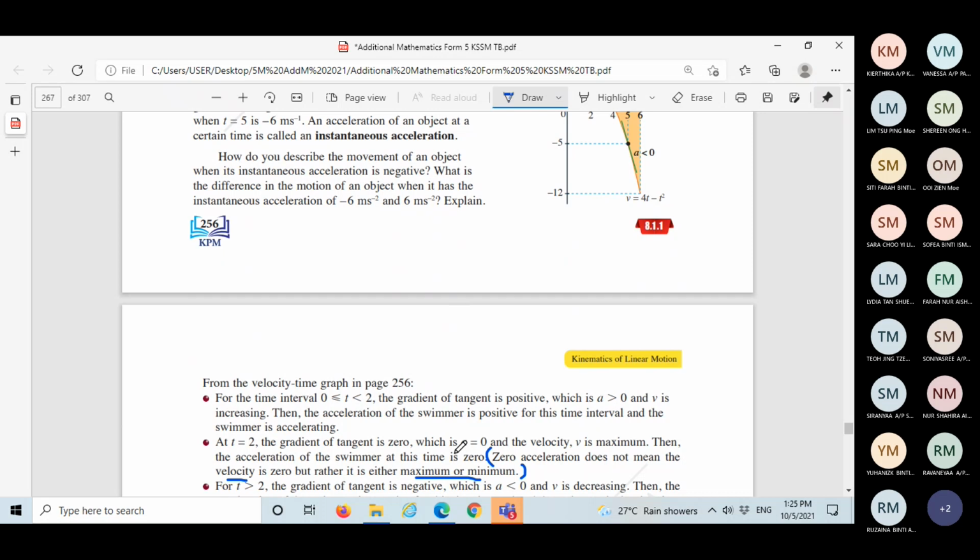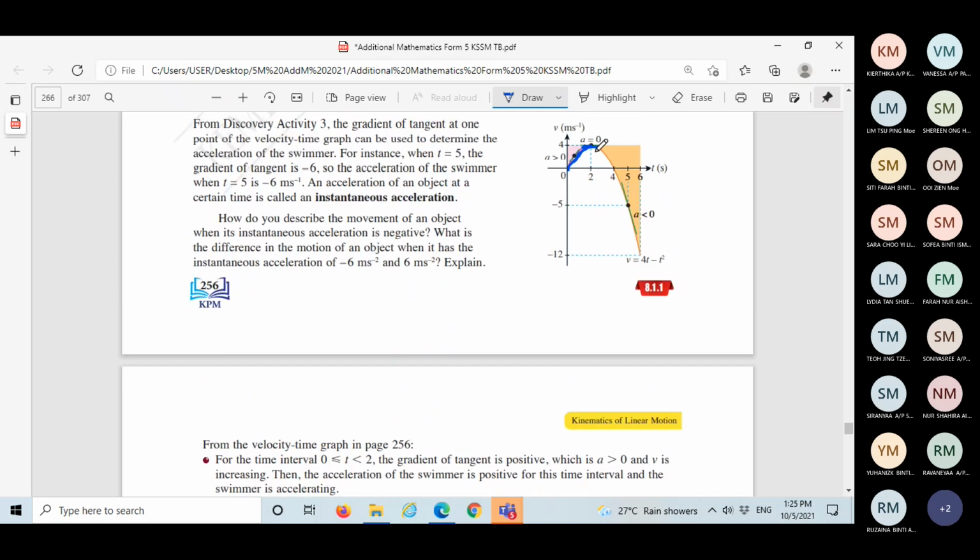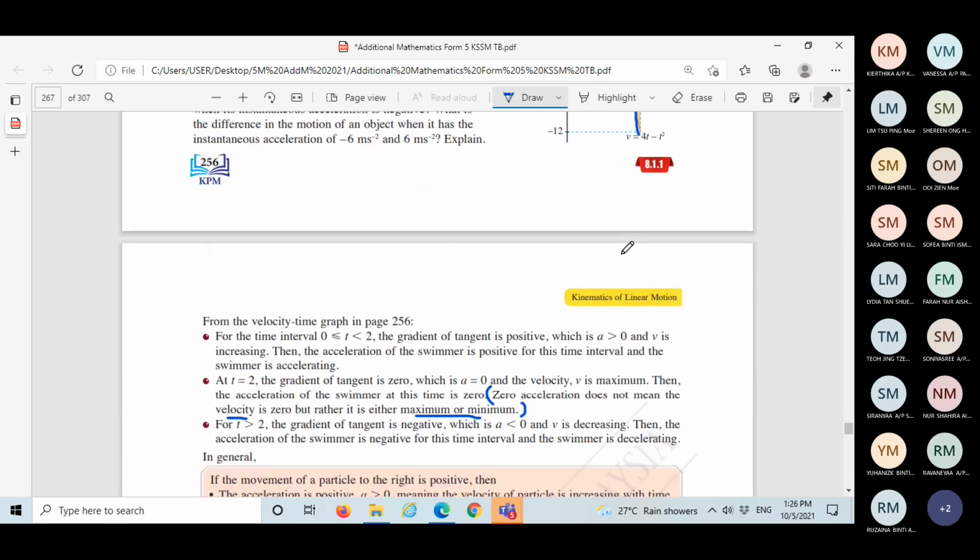Third point: how about when t is greater than 2? You see the graph is something like this, so here the gradient is negative. For t greater than 2, the gradient of the tangent is negative, which is a smaller than 0, and v is decreasing. Then the acceleration is negative. When the acceleration is negative, another word you can say is decelerating, or deceleration.